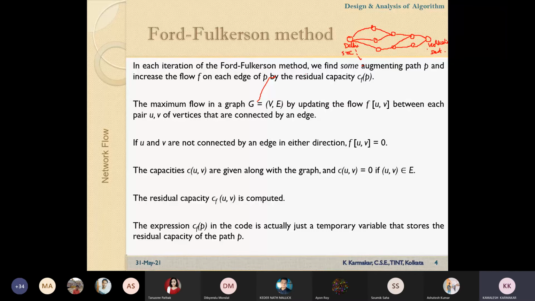Previously we have discussed Prim's and Kruskal's algorithms. In those, it's easy to understand that if we have a single source, we have to install the wires in such a way that the cost of installation is minimum.